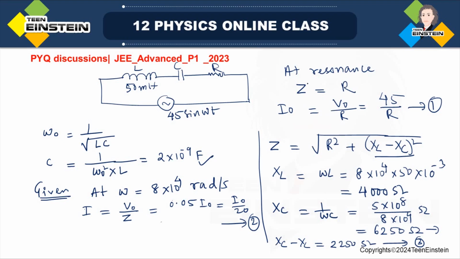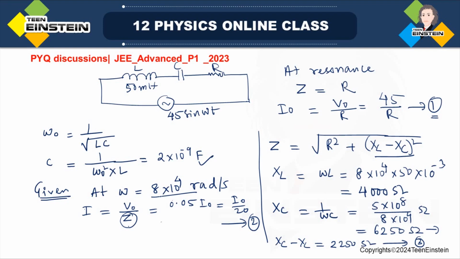So let us see at resonance condition what is the peak current. I0 is equal to V0 by R, the peak value of the voltage divided by resistance. Let us say this is equation number 1. Now at the given condition, what is the current? Let us say the peak value is I, that is equal to V0 by Z. This Z is not R because now the frequency of the source is not the resonant frequency.